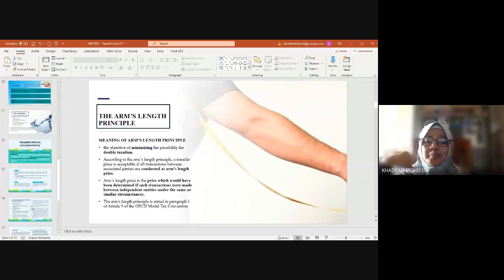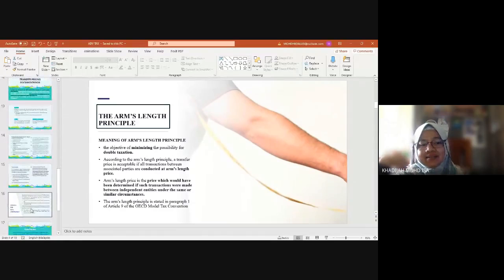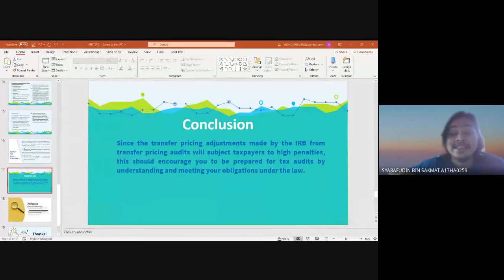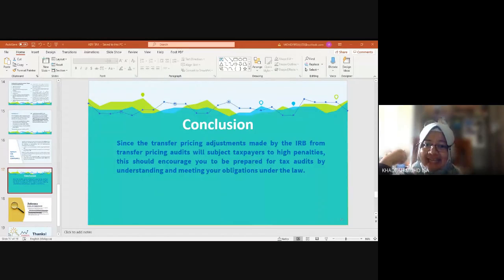Why does the government want to impose penalty on transfer pricing? Because they want to avoid companies evading tax. To evade tax. So that's why the transfer pricing has to be at arm's length price. So it must be within the arm's length price, not too low and not too high.